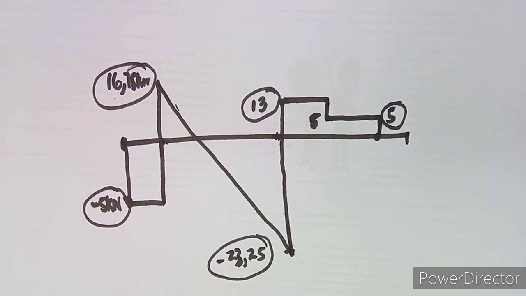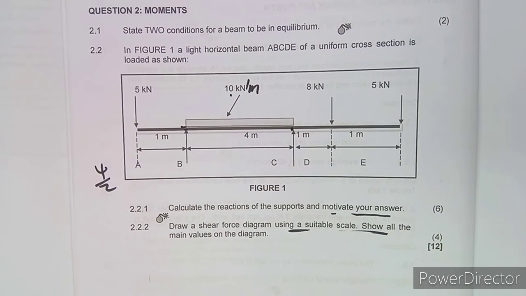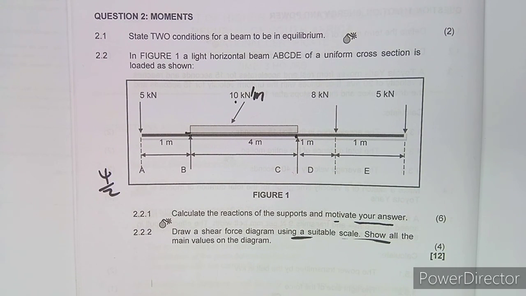That's how they ask these questions, and we have 12 marks for that. In order for you to understand these questions, it's all about revision, working with more question papers so that you can understand how they are asking these questions.